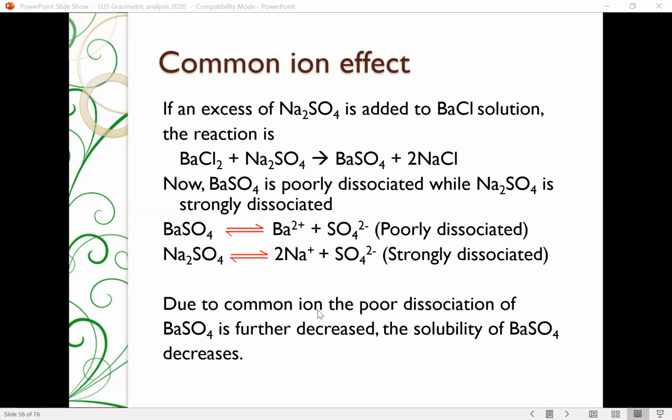Okay, in this case, the formation of Na2SO4 will be more visible compared to BaSO4. So BaSO4 is having lower solubility and the dissociation is further decreased.